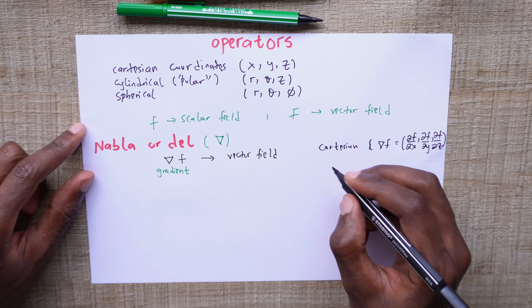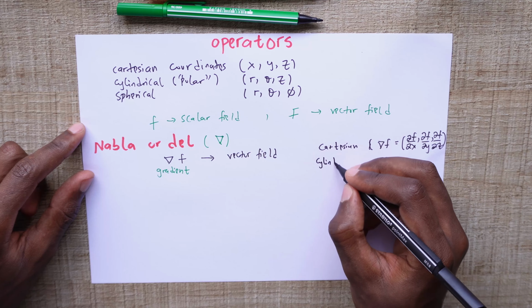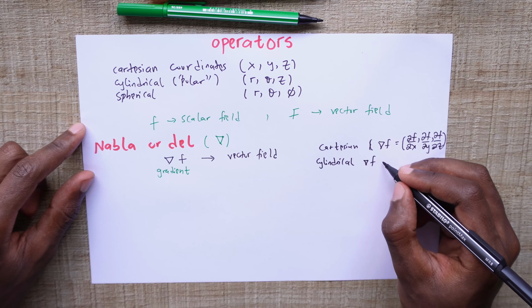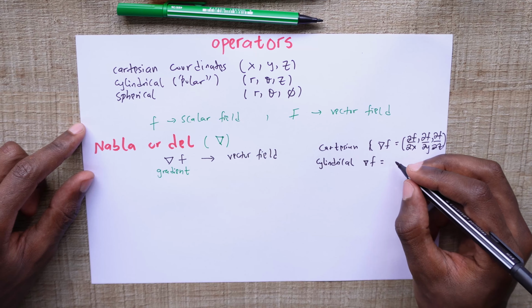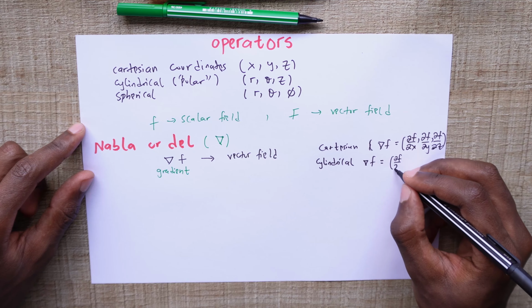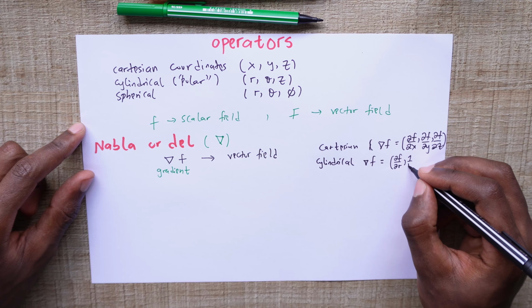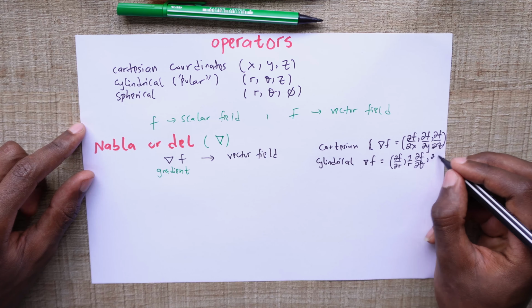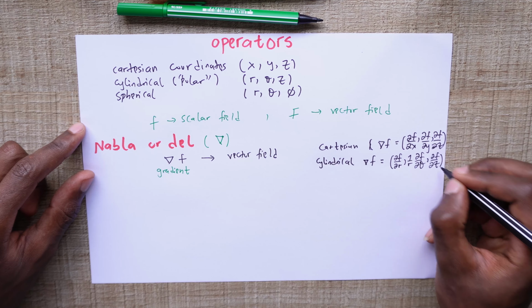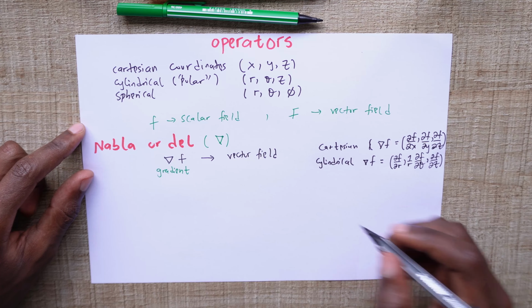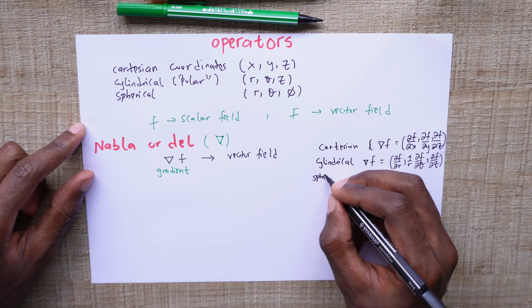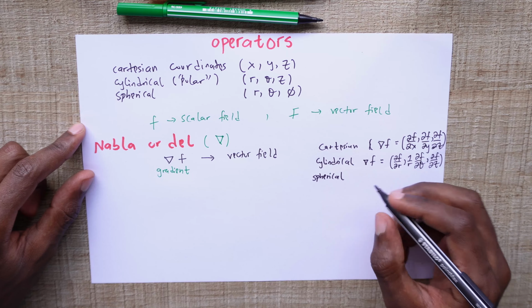If we're in cylindrical coordinates, then Nabla f becomes del f del r, 1 on r del f del theta, and del f del z. And if you are in spherical coordinates, it's a bit more beautiful.